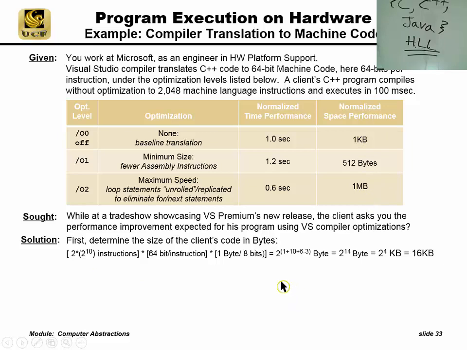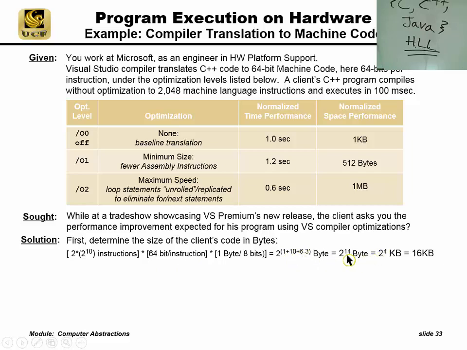So how many bytes do we have? We have 2 to the 1 times 2 to the 10 is 2 to the 11. And then 64 bits, that's 2 to the 6, and then we have 8 bits, so we're going to divide by 8. 8 is 2 to the 3. So we have 11 plus 6, which is 17, minus 3 is 14.